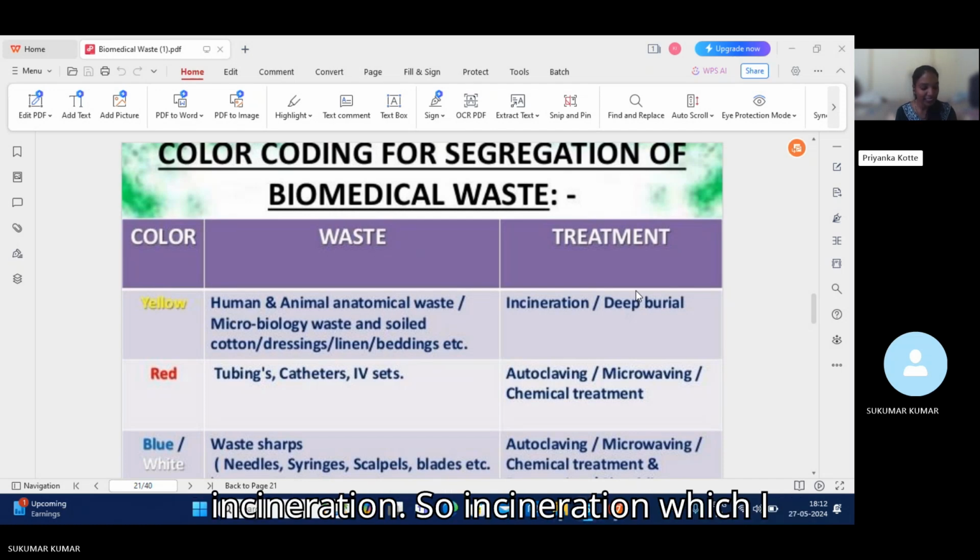First method is incineration. Incineration, which I already mentioned, is nothing but burning things in a simple way. It is given in the textbook that incineration is a high temperature dry oxidation process. We all know that incineration means burning out, the basic fire.